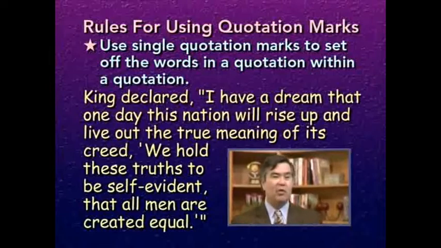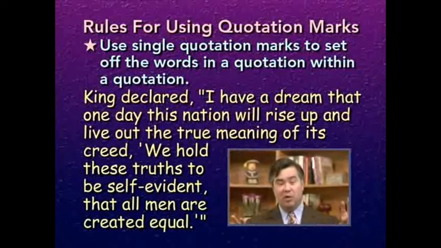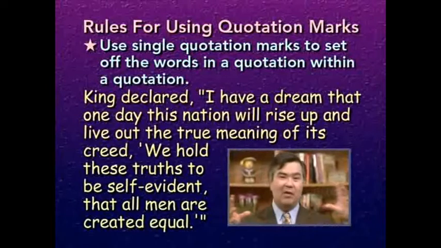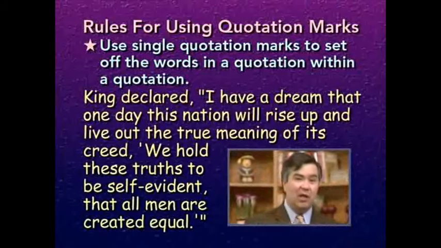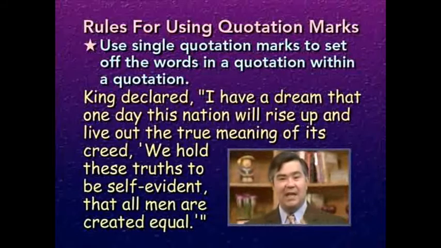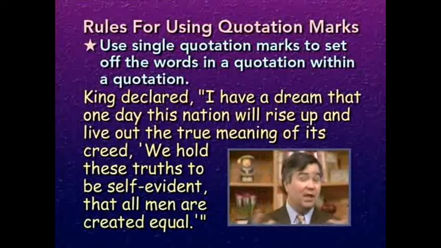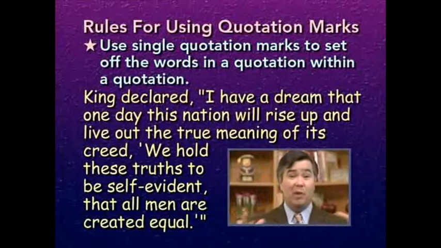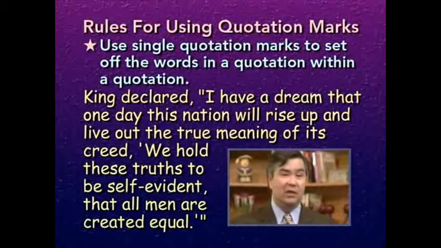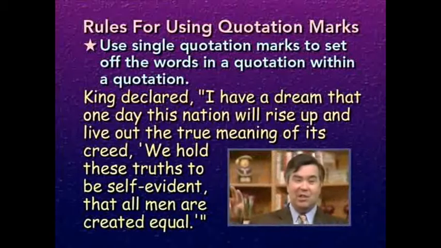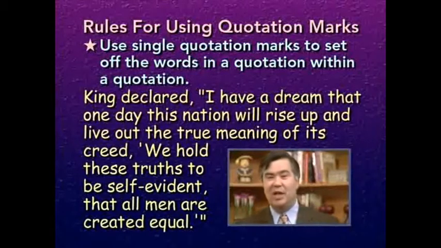So here's how the quotation marks have to work. We put normal double quotation marks around all of King's words, starting with "I have a dream" and ending with the end of the sentence, "that all men are created equal." Because all of that is what King said as he got up on the podium on that important historical day. All of that is what King said, so all of that is contained within the double quotation marks.